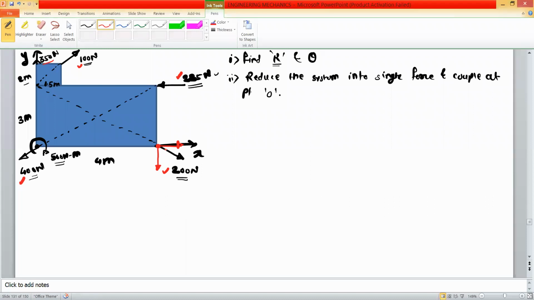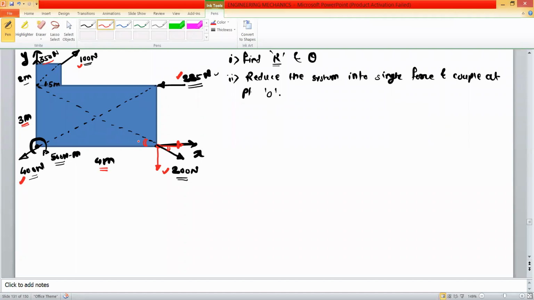This angle is not directly given, but we can find it using the given dimensions. If we find this angle, we get the angle of 200 Newton with respect to the x-axis, since these are opposite angles. We can find this angle using this 3 meter and this 4 meter.